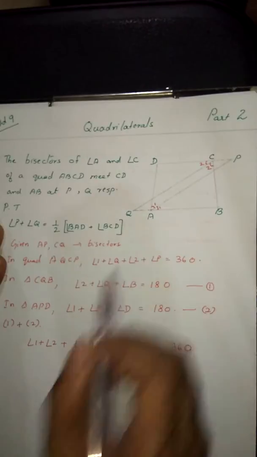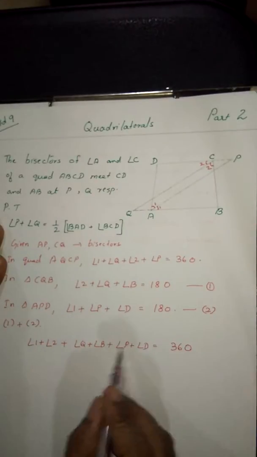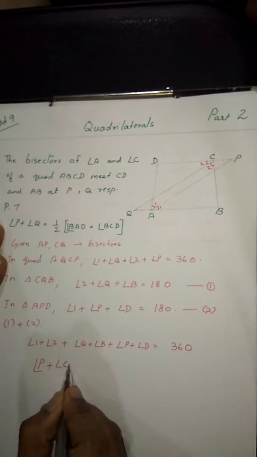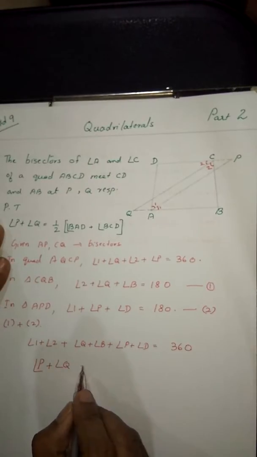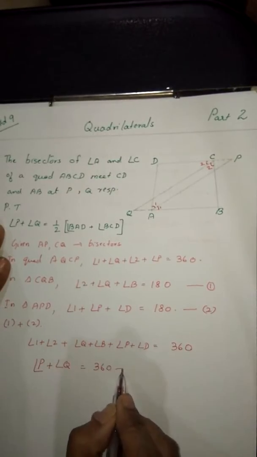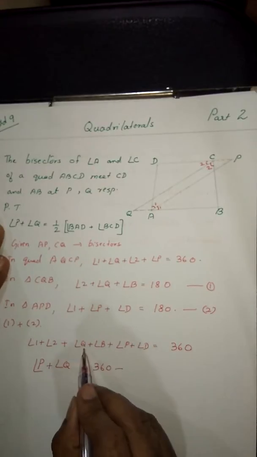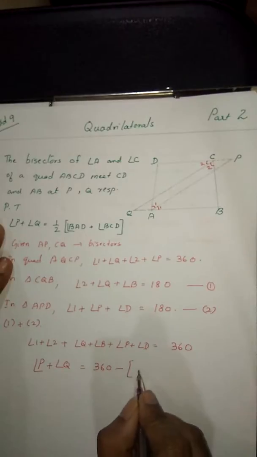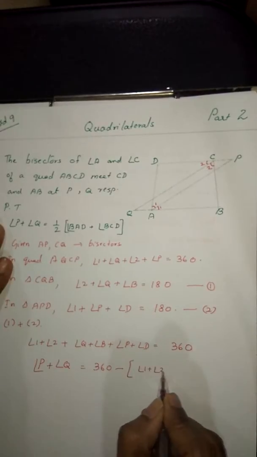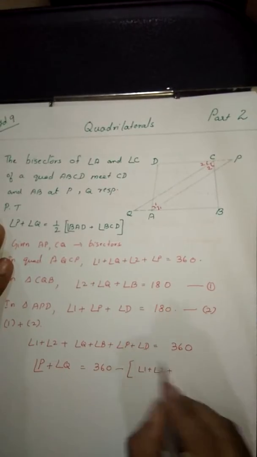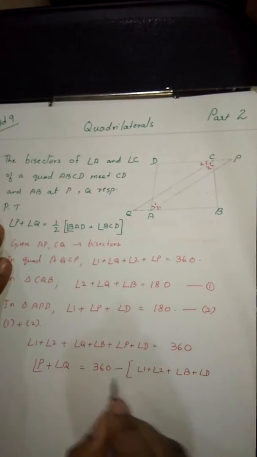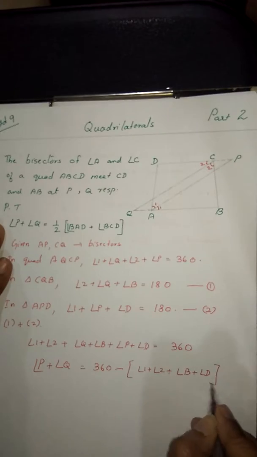So angle P plus angle Q is equal to 360 minus the bracket of angle 1 plus angle 2 plus angle B plus angle D. I have taken everything to this side and put a bracket over here.